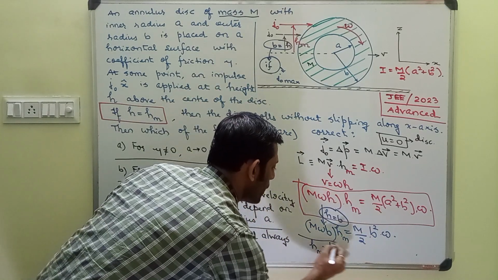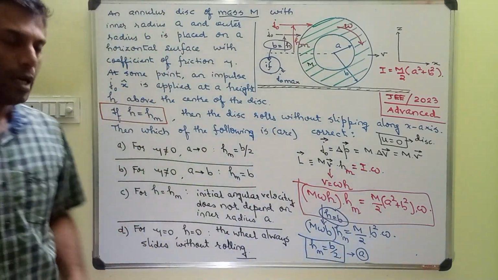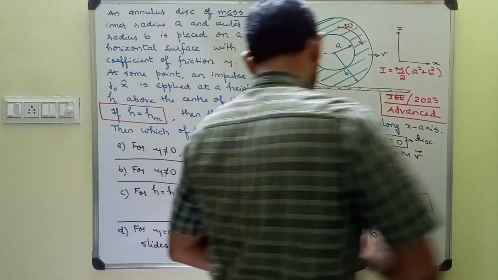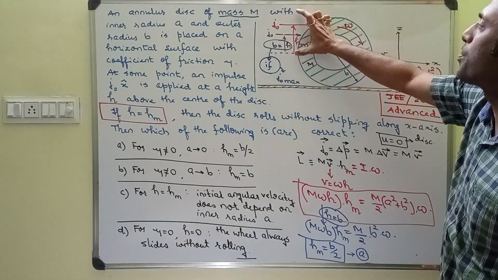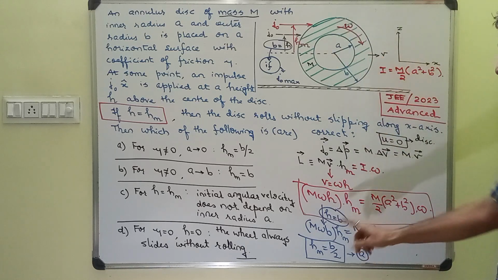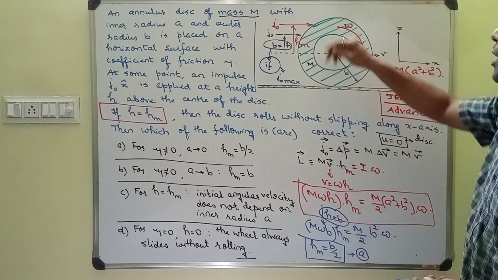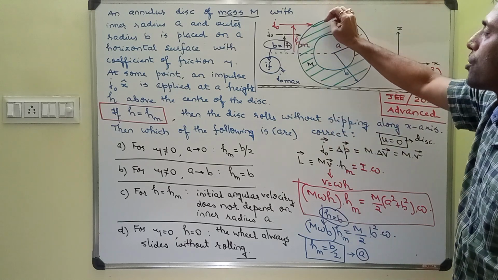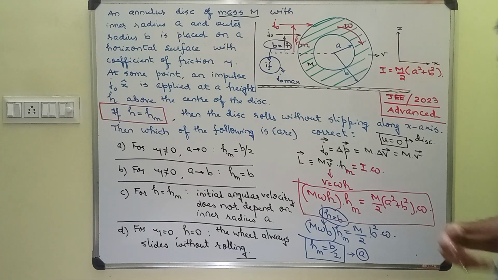Now this is where your option A holds correct. This is under the condition that h equal to b, that is, the height of application of the impulse is maximized and maximum impulse is applied, and then hm is the height of observation of the impulse, and hm value comes up as b by 2.